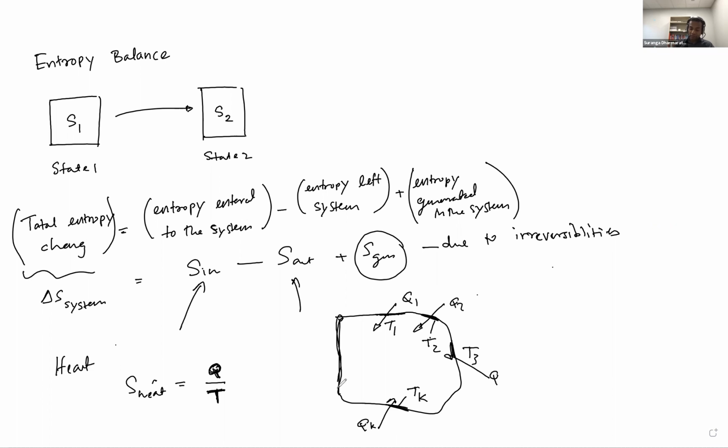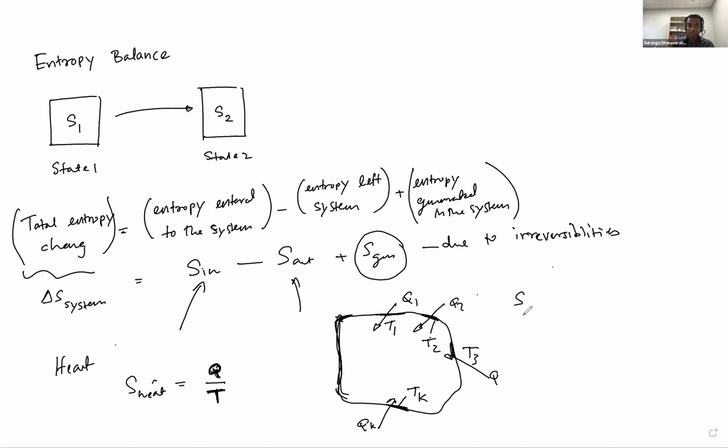Likewise, we can have other places that transfer heat in different amounts, at boundaries kept at different temperatures. So if you want to calculate the total entropy transfer by heat during the process, you can algebraically add these quantities together.